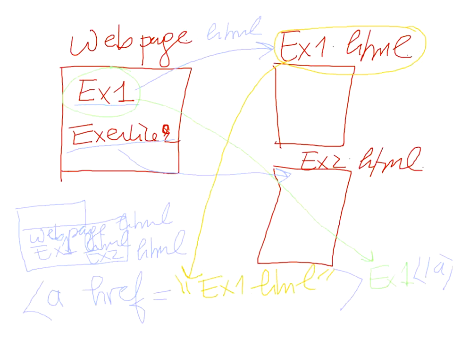If we now want to prepare the link of exercise 2, how can we create the link for exercise 2?